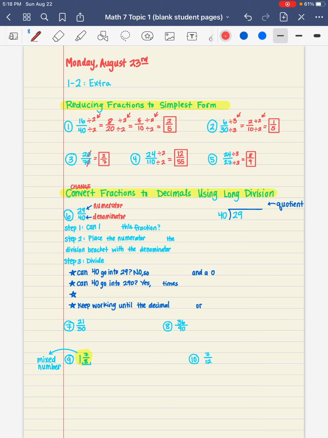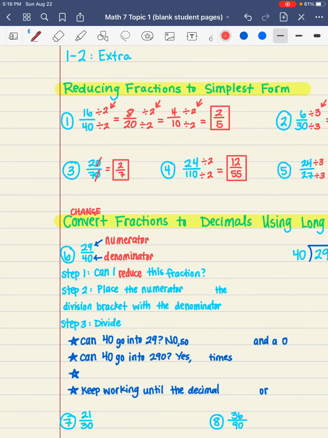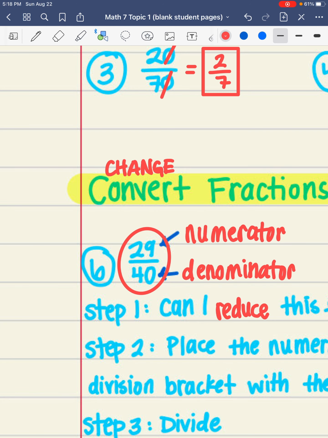That's the process. But my first question is always, always, always, can I reduce or simplify this fraction? And when I look at 29 over 40, one of the things that I notice is that I have an odd number on the top and an even number on the bottom.